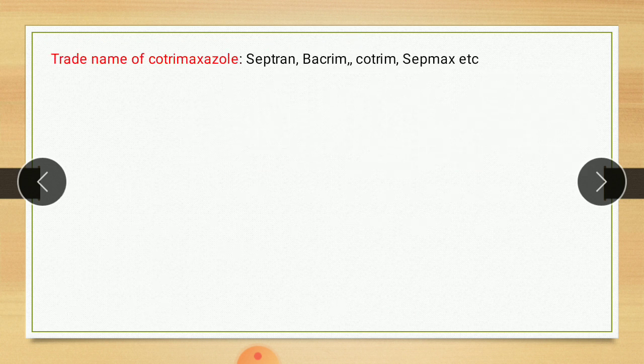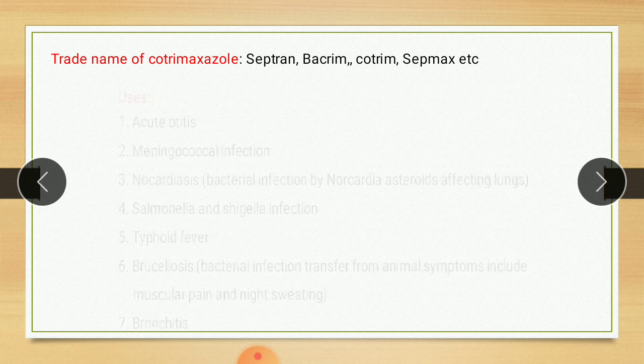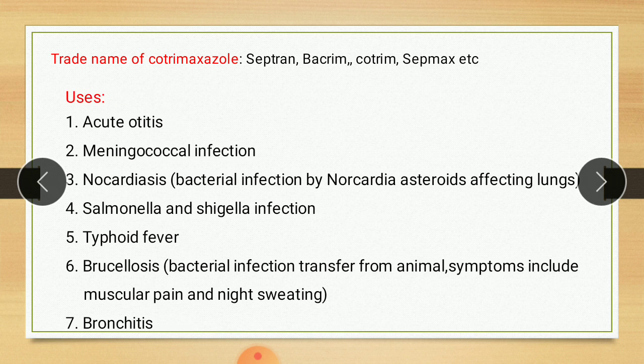The trade names of this combination, Cotrimoxazole, are Septran, Bactrim, Cotrim, Sepmax, etc. So Cotrimoxazole is available in the market under these trade names. Now uses of this combination therapy. Cotrimoxazole is used in acute otitis, an inflammation of the ear.